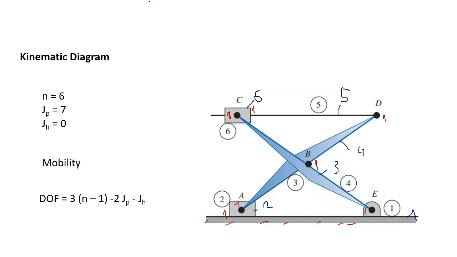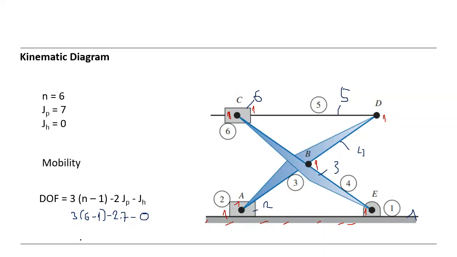Then, using these equations, we have no higher order joints. So if we put in these equations, 3 times 6 minus 1, and then minus 2 times 7, minus 0.